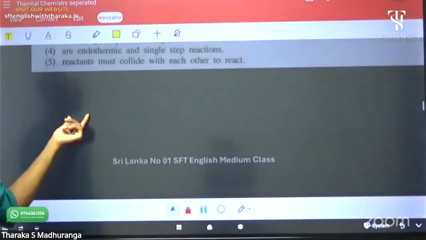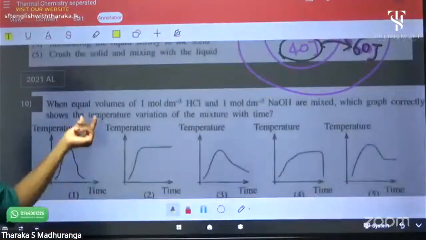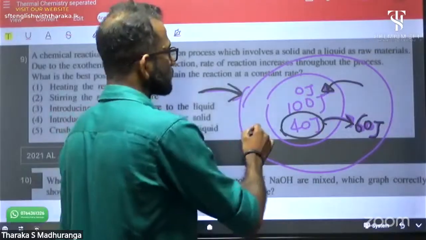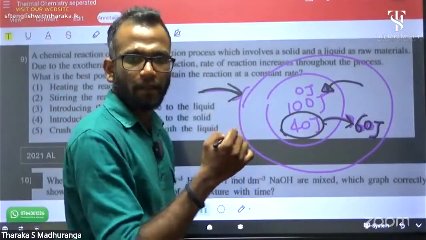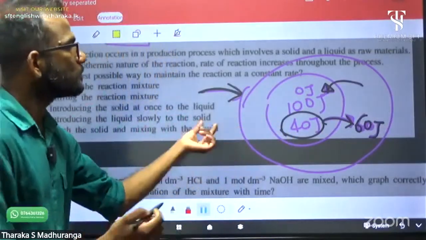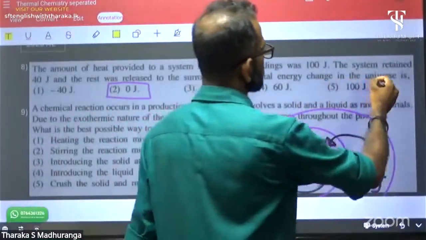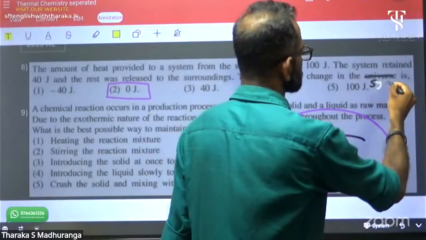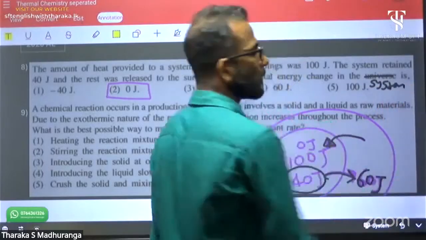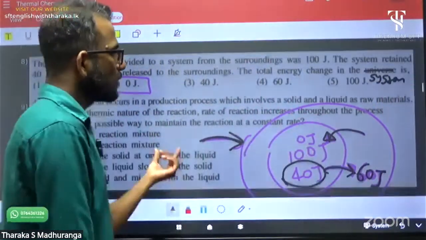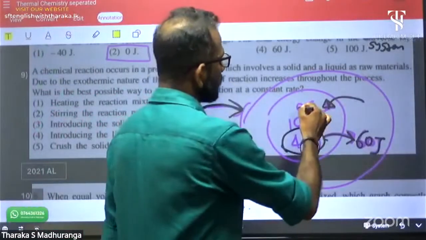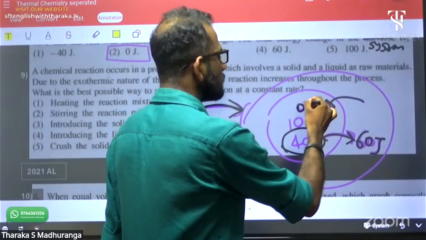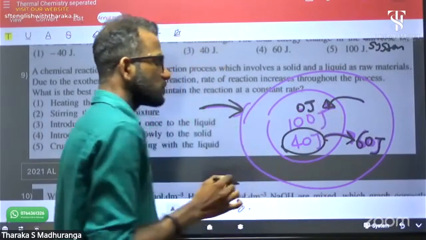Think of the system. Now think initially no energy; take any value. Initially I got 0 joules in the system.